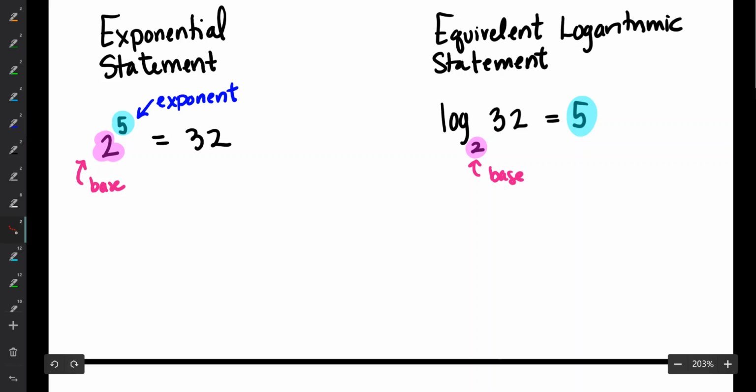Right? Log base 2 is going to take in a perfect power of 2 and spit out the exponent. Let's do a little bit of scratch and convince ourselves that this is true. Log base 2 of 32.